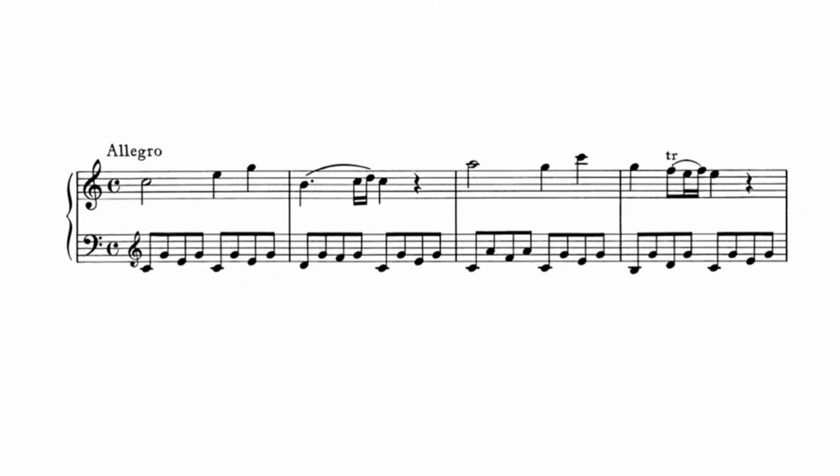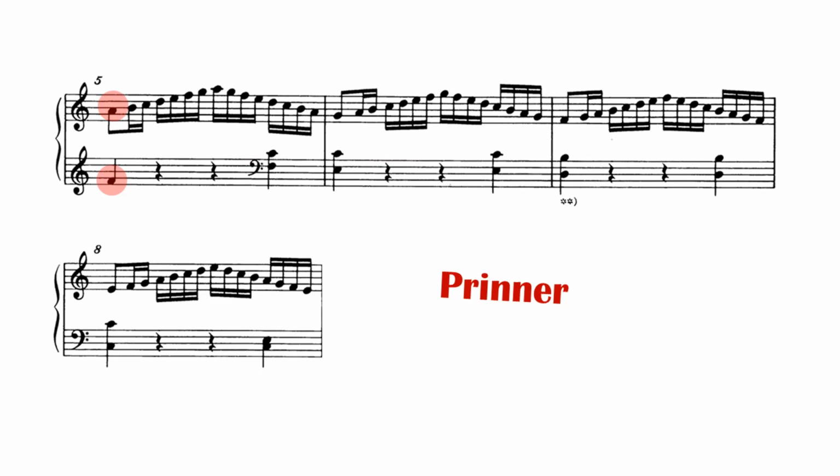Curiously enough, this is a response to a previous Prinner used by Mozart at the end of the opening phrase. And that's pretty much it. Nobody said music has to be complicated.